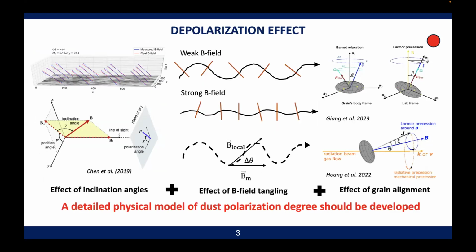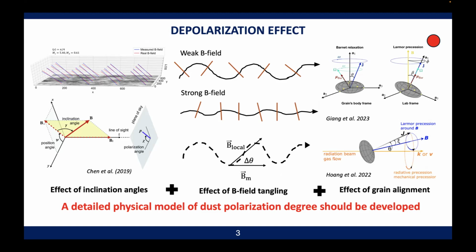To use the dust polarization degree to trace the 3D magnetic field, several factors need to be taken into account. The dust polarization degree is not only affected by the inclination angle, but also by the tangling of the magnetic field caused by turbulence. Besides, the polarization degree strongly depends on how the grain can be aligned with the magnetic field by radiative torque, as we heard previously from Professor Tim Huang's talk.